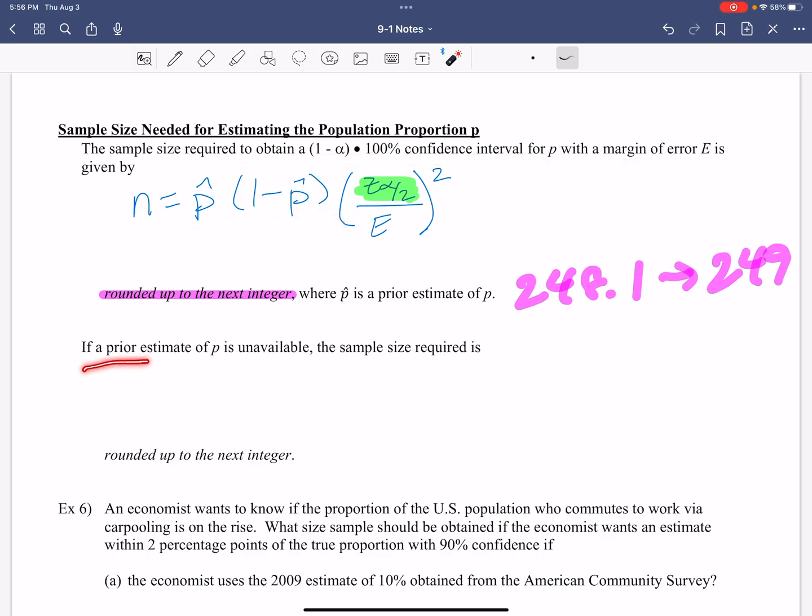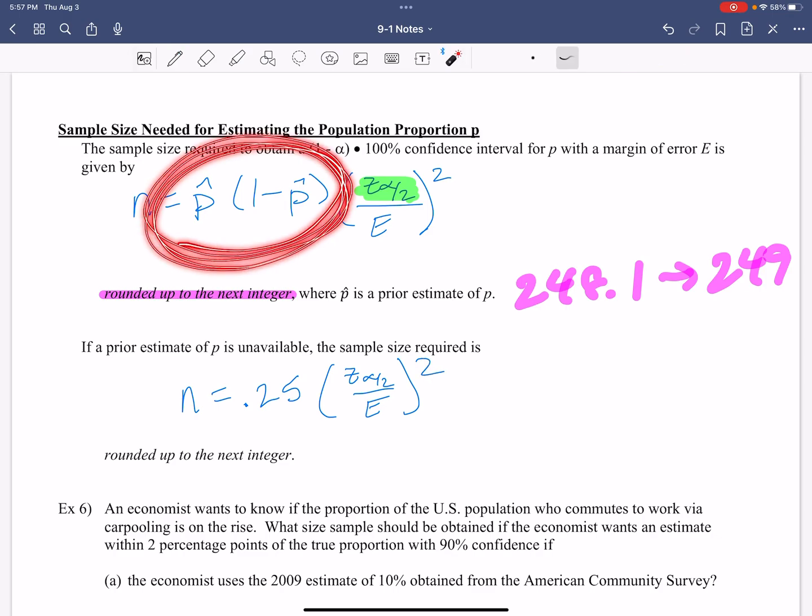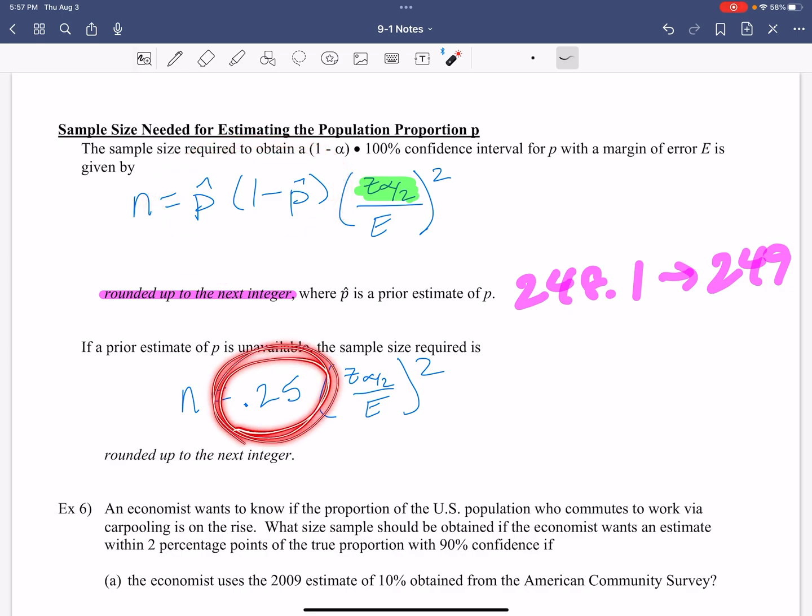If the prior estimate is unavailable, so you don't have any information, this is brand new basically, you get the sample size by N is equal to 0.25, and then the exact same thing, Z alpha divided by 2 divided by E, the quantity squared. Basically, if you have a prior estimate or a prior proportion, then put it in there. If you don't, we're just putting 0.25 in there.